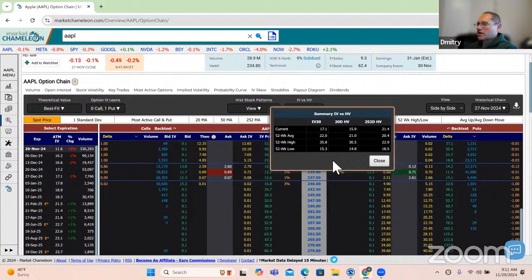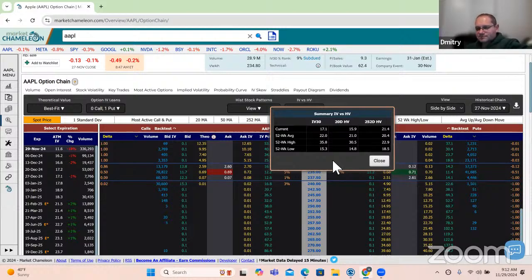That's kind of like the market's anticipation of what the volatility will be in the next 30 days. But we don't know what the actual volatility of the stock will be. We know what the markets are anticipating, but we can measure the historical stock volatility and also compare that to the market's implied vol.